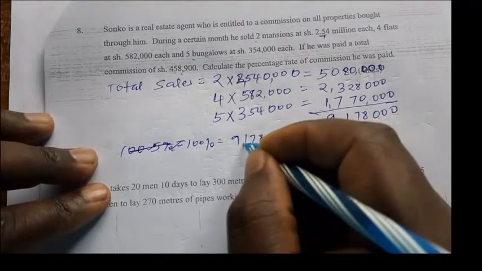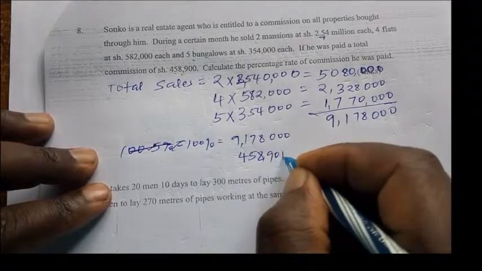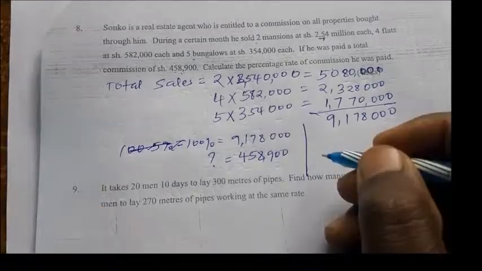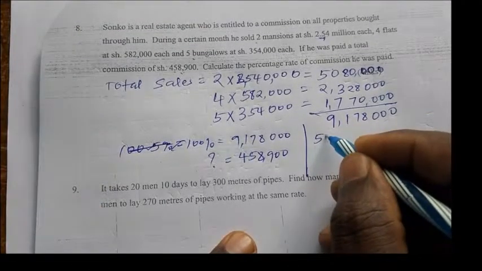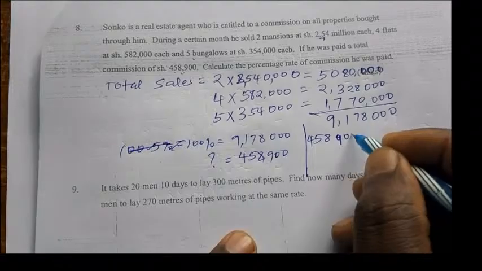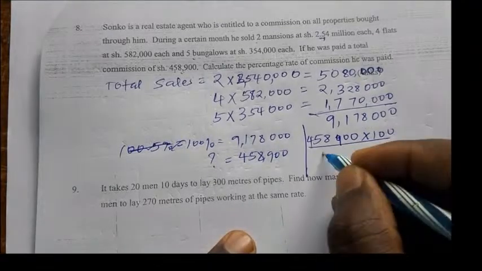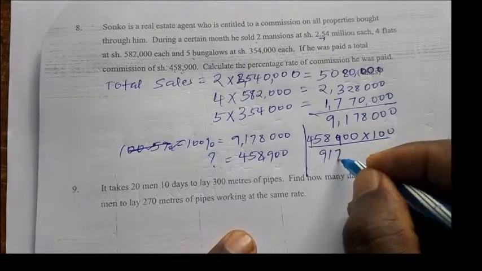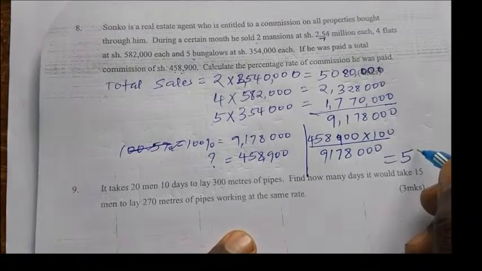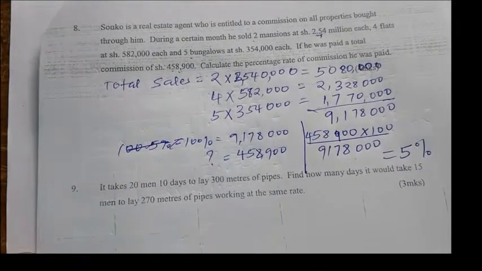This amount, which is 458,900, will be what percentage? That's what we are looking for. So that is 458,900 times 100 divided by the total, which is 9,178,000, and you get that this answer is 5%. So the commission was 5%.